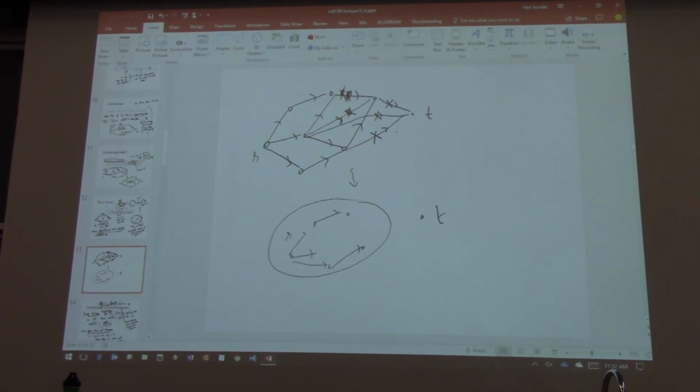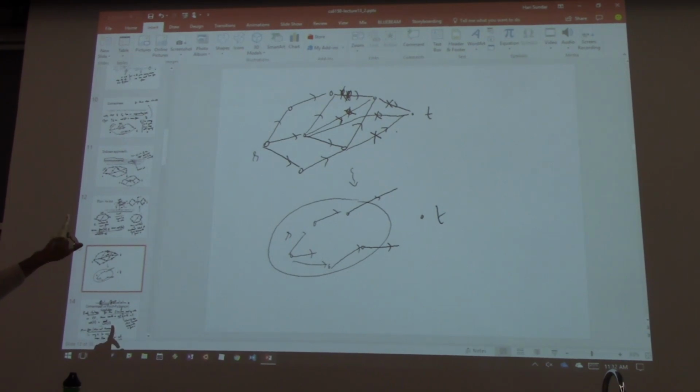Okay. And by definition, any edge that goes out of this set S, I have already cut. Why is that? Not just edges to T, but any edge that goes out of this set S. Yeah, that's the definition of this circle.